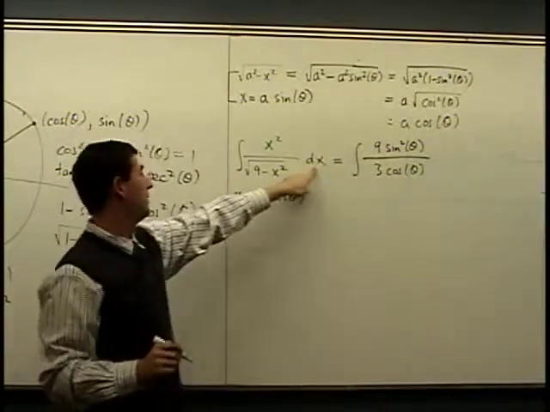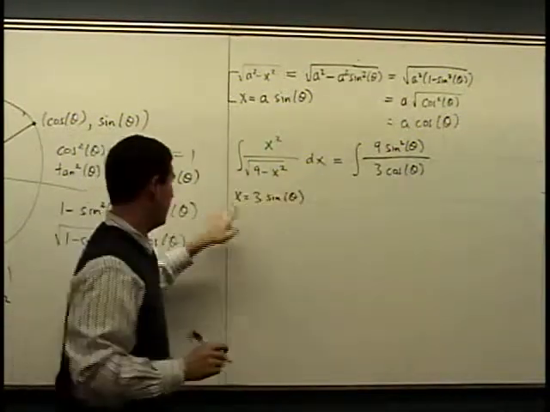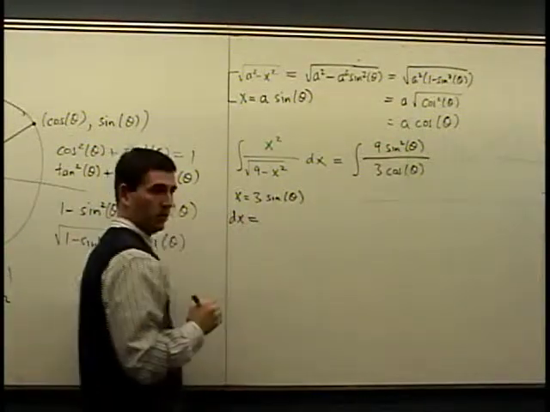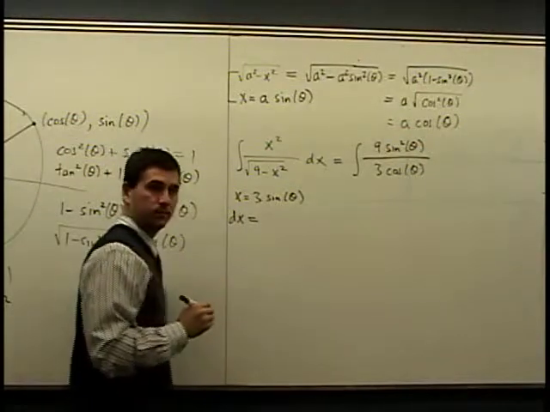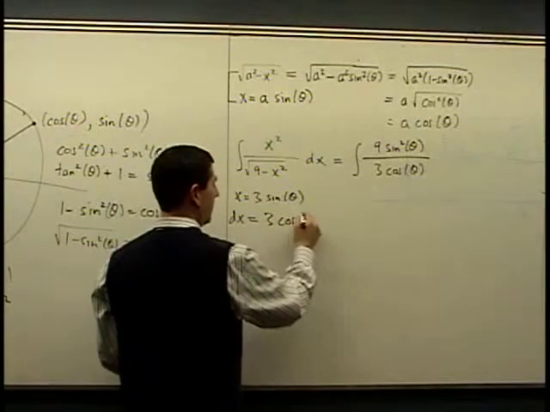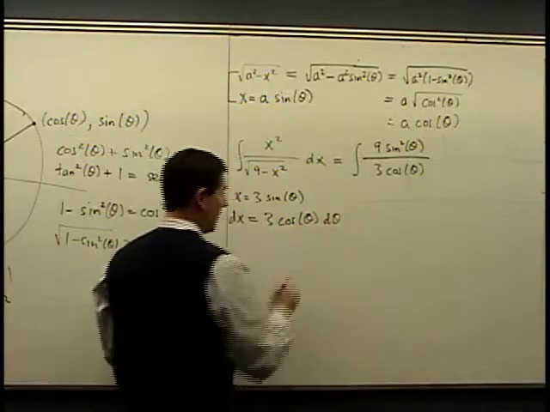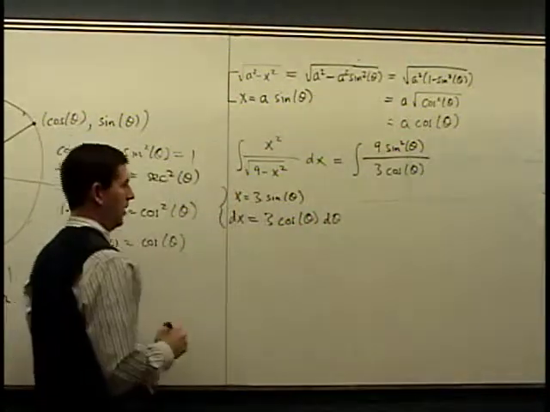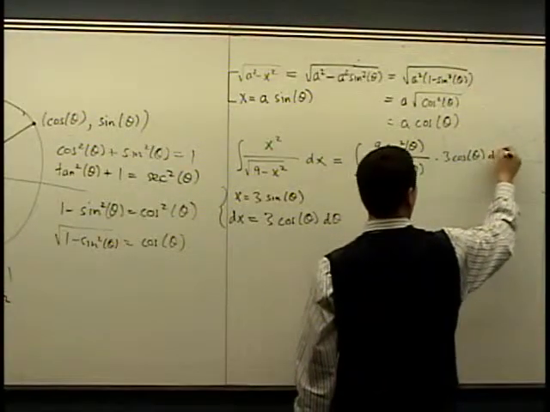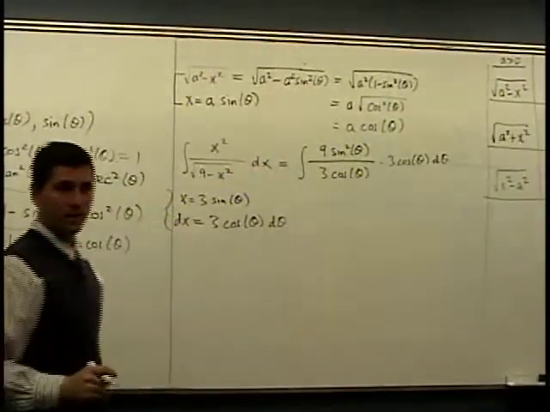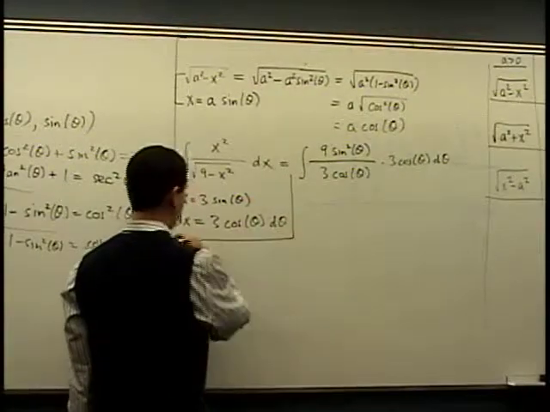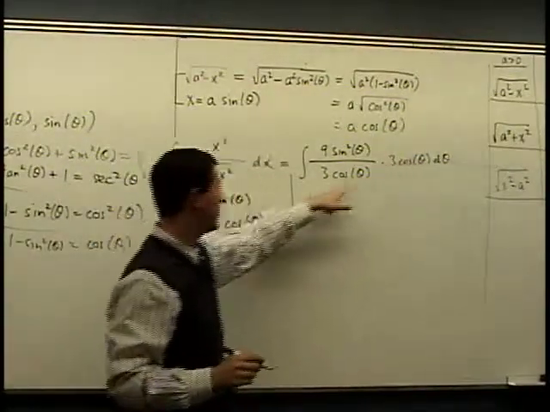Now I have to worry about this dx. If x equals 3 sine theta, then what does dx equal? Three cosine theta d theta. Excellent. Okay, so I have to throw that in. 3 cosine theta d theta. This is not so bad. Okay, look what happens. 3 cosines cancel.